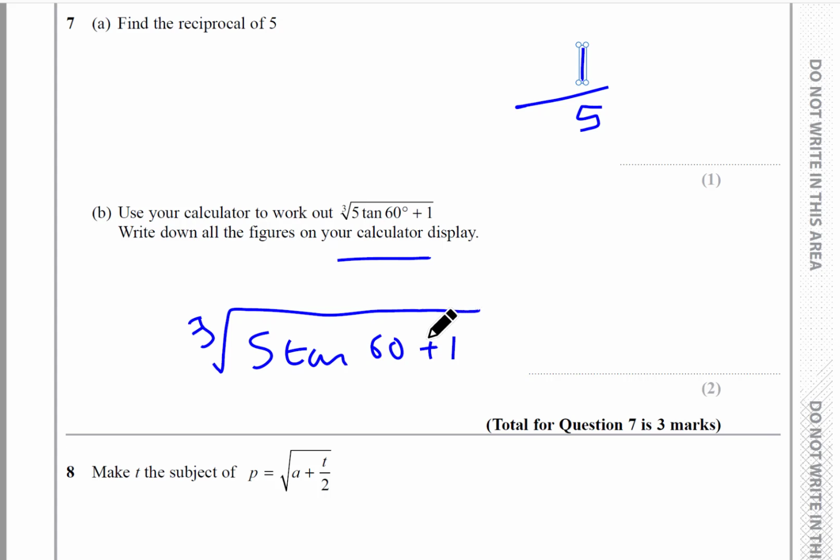And you have to write down all the numbers on your display. So all the numbers you see, press the SD button if it's not showing you all the numbers up to 10 digits. And that is done.